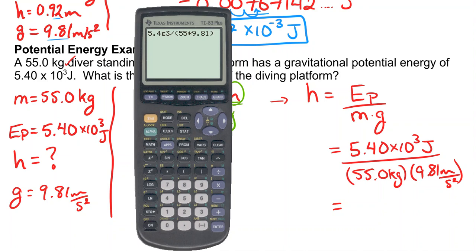I don't have to write 55.0 because on my calculator there's no difference between 55 and 55.0. So let's try that. Nice. 10.00834, and so on. It's a height, and height is measured in meters.